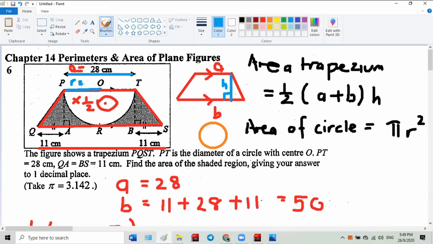Radius is the diameter divided by 2, which is 14. If you spin around, the radius of a circle is the same one. So here is exactly the height. The height is actually the radius of the circle. Understand or not?